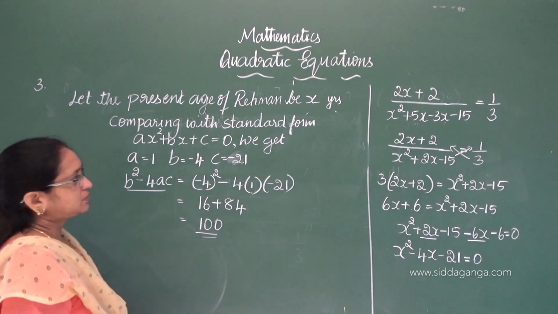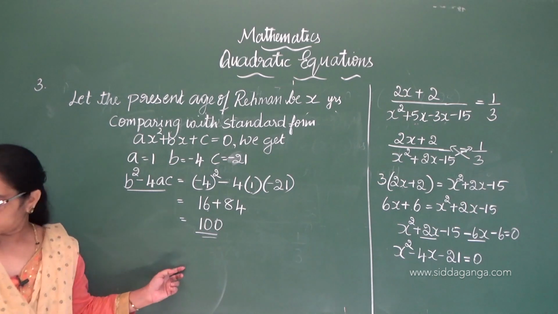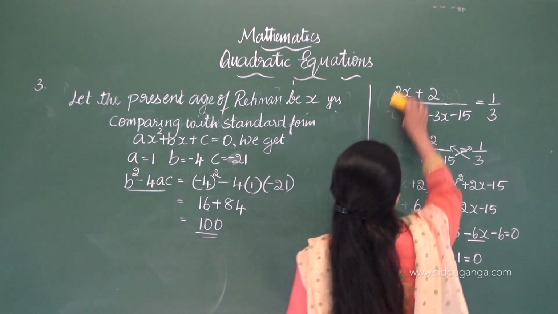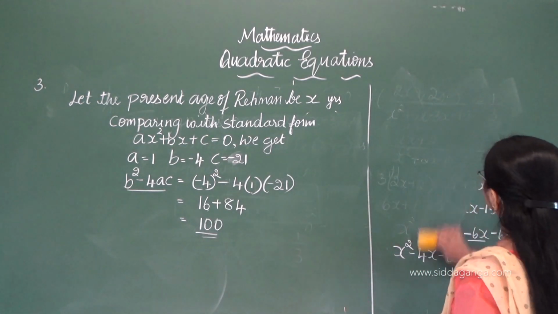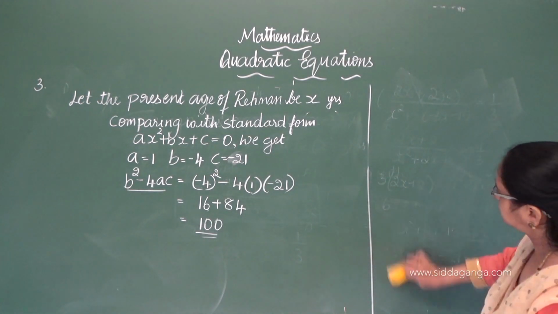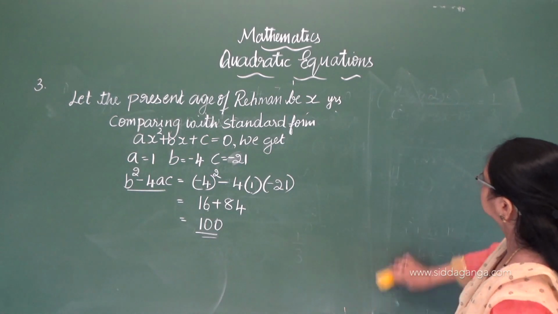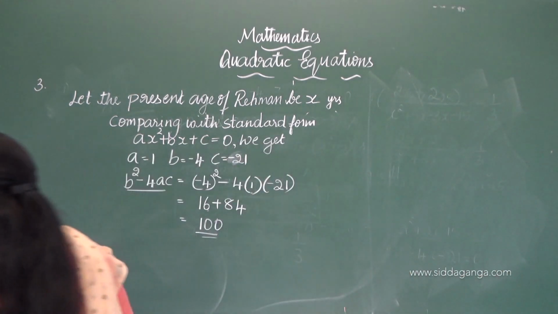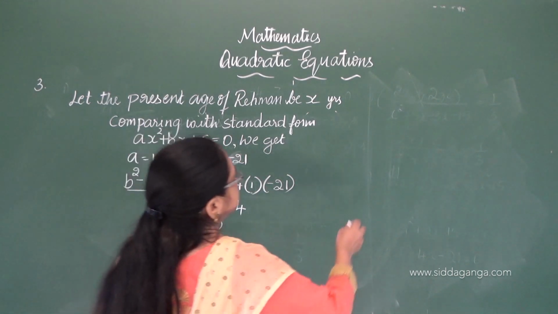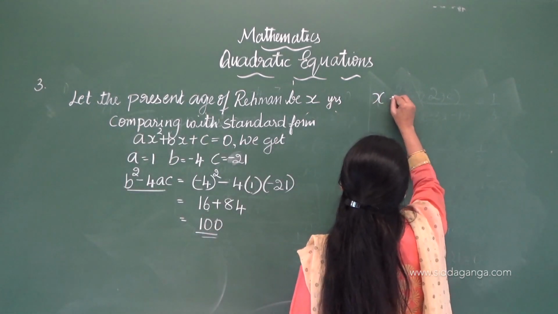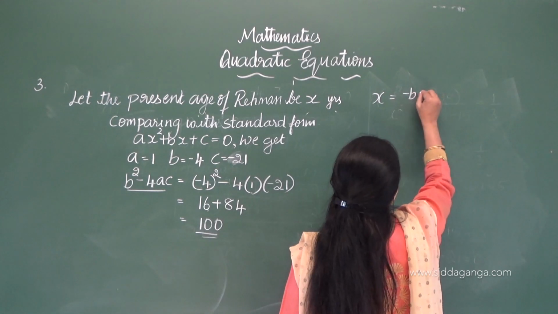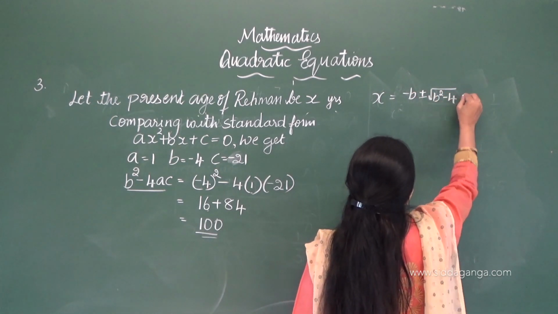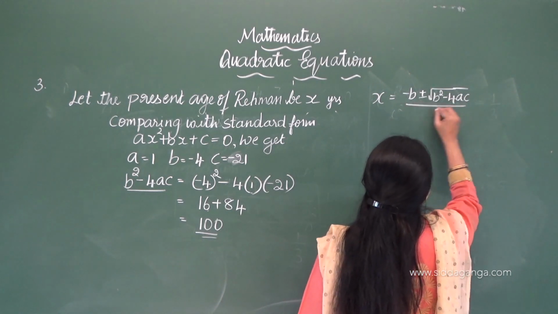Now what is the next step? Next step, you have to apply the formula. X is equal to minus b plus or minus root of b square minus 4ac divided by 2a.